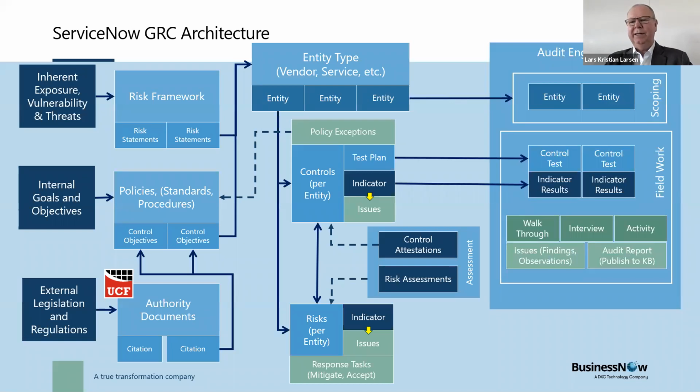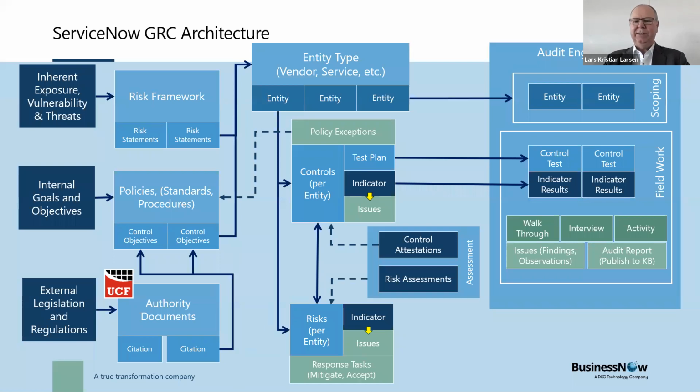So when we are facing an audit, we have all the evidence that we need from the controls that we are actually performing, and then we can trace that back to which kind of policies and which kind of authority documentation we are actually upholding in our system. So we have everything within the system organized, worked with, and also shown that evidence that we actually are doing it.